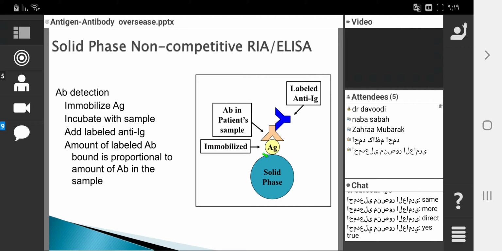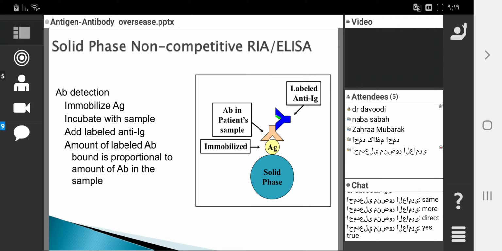So the antigen is immobilized on the solid phase, and then we add the patient sample. If in the patient sample there is an antibody specific for the antigen, the antibody binds to the antigen. Here we have an immune complex.